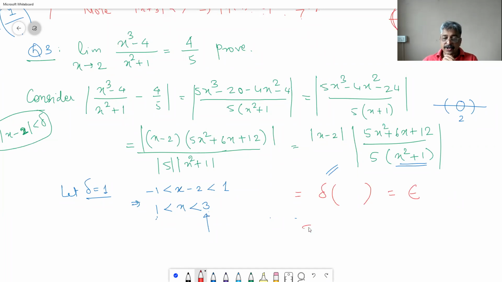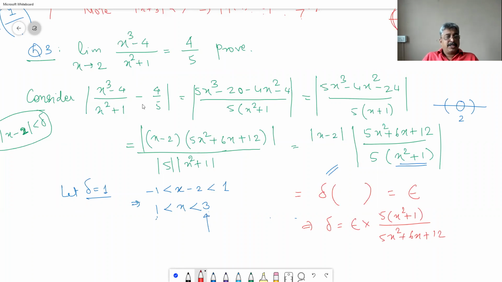Therefore delta should be equal to epsilon into 5x square plus 1 upon 5x square plus 6x plus 12. Okay, are you there? This is what is calculation.